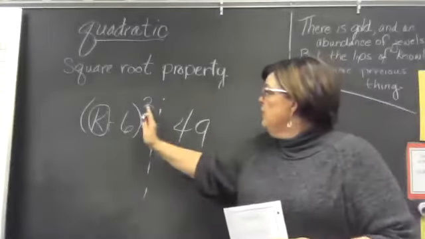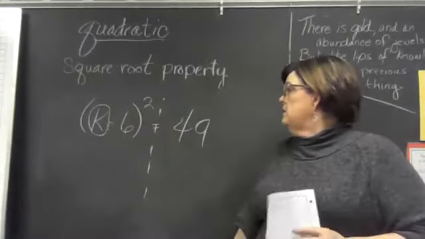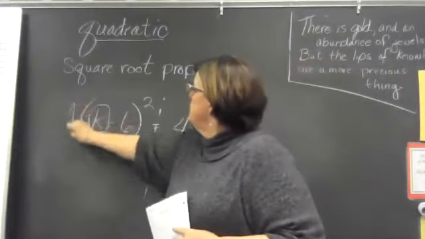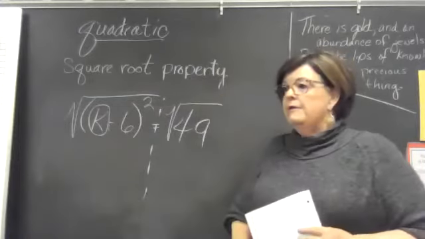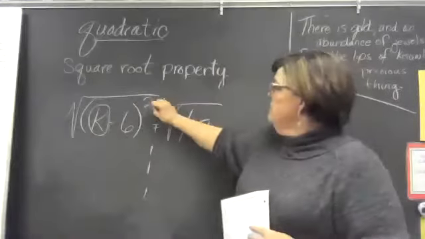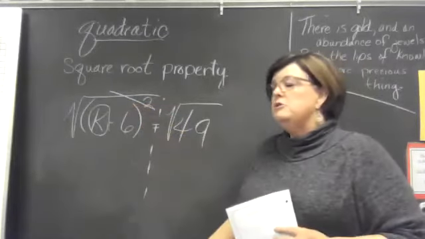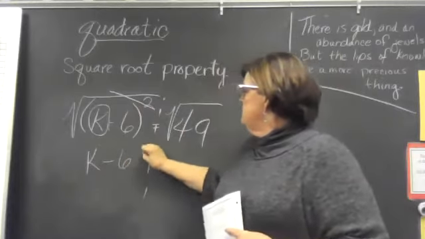So if the squared is the only thing on the side, now it's time to take care of the squared. And the opposite of squared is square root. So on this side, we just blew up the building, because the squared and the square root cancel each other out. And I have k minus 6 equals.